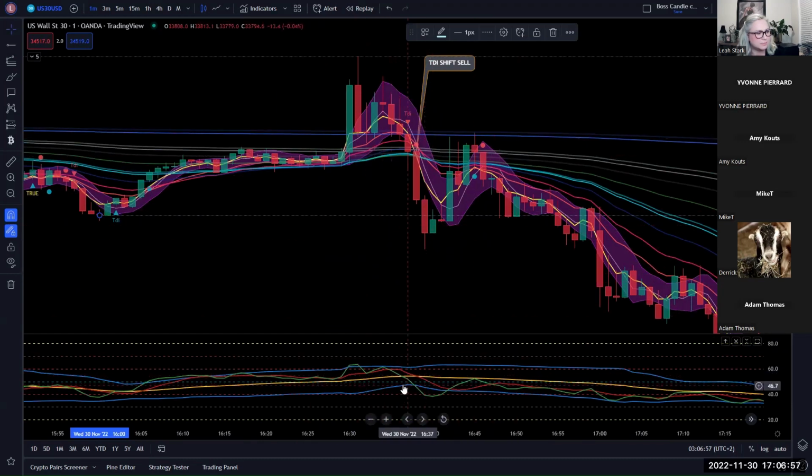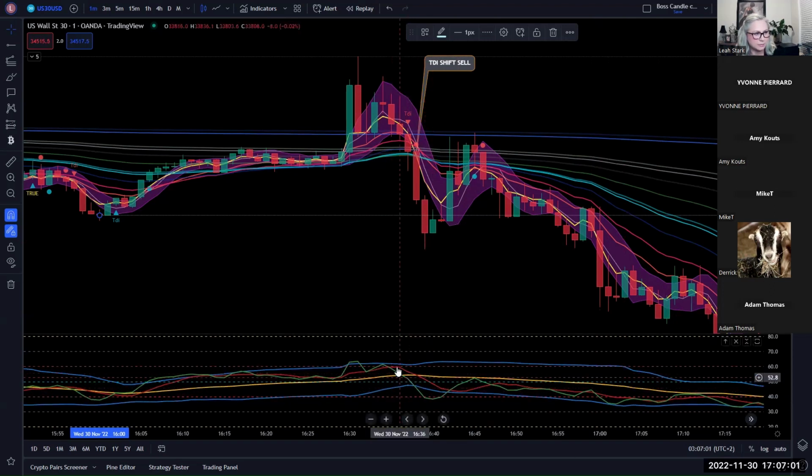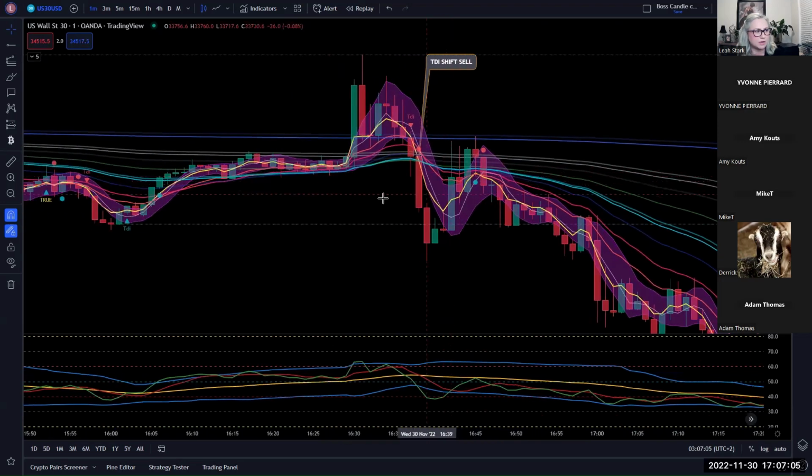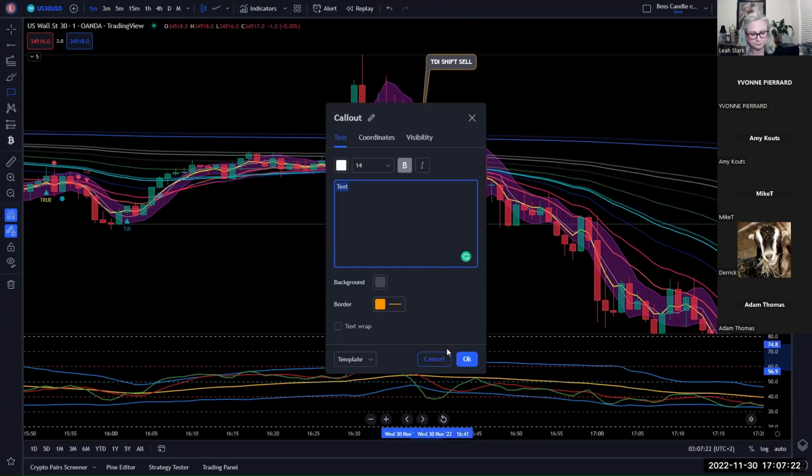And so you can see here where price was on the TDI, and you can mark up all of these things, just kind of like when you do your homework, you can mark up all the different kind of areas and things that you're looking at. So price had not been overbought, but it did move down across the TDI here. Here's the shift.